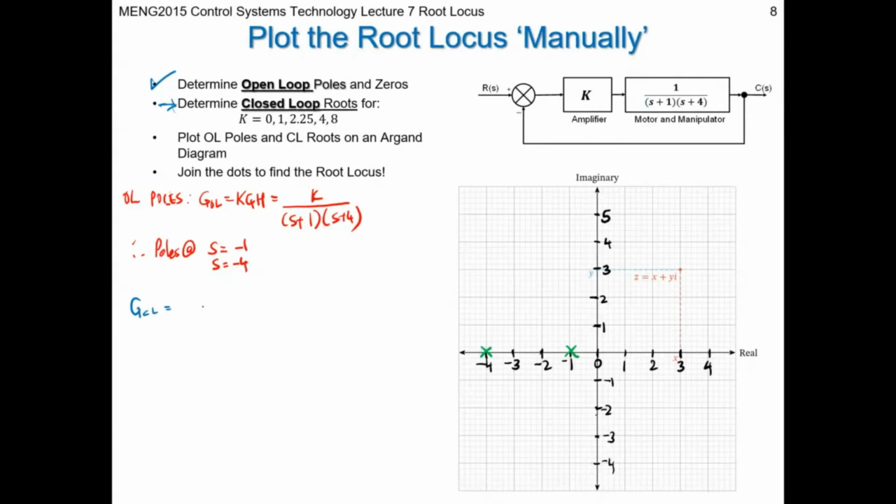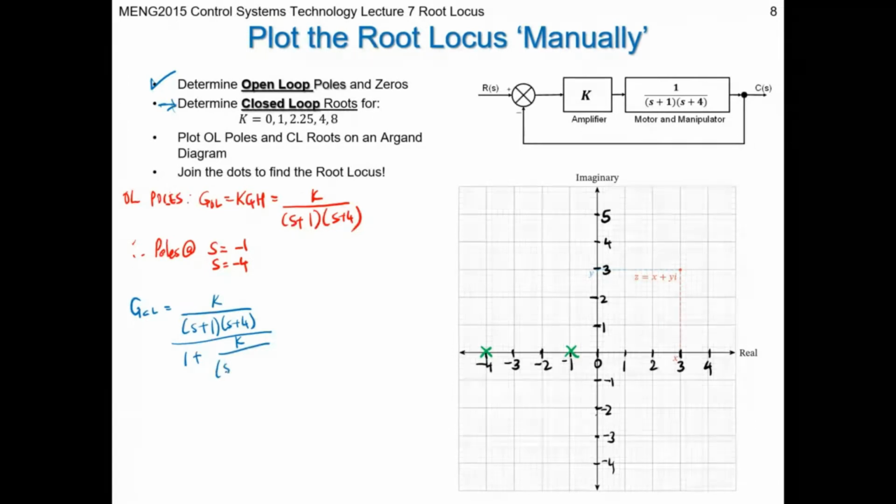So our forward path is K over (s plus 1)(s plus 4), and our open loop is the same because we have unity feedback. Our feedback loop has no transfer function on it, so that means our open loop and our forward path are actually the same in this case.